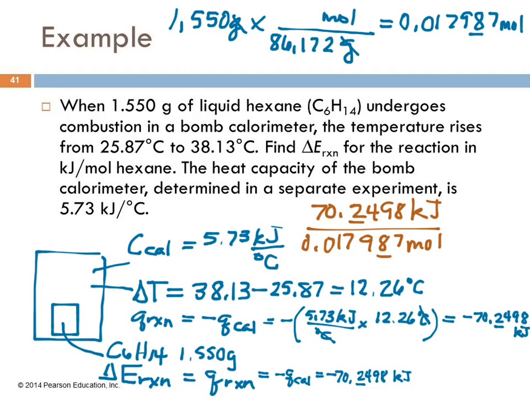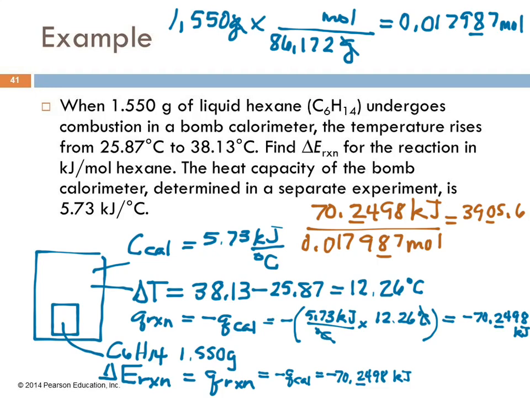And how many significant figures should I report? 3. So the calculator is showing me 3905.6 other stuff. I want to keep 3. I'm rounding off to the tens place.